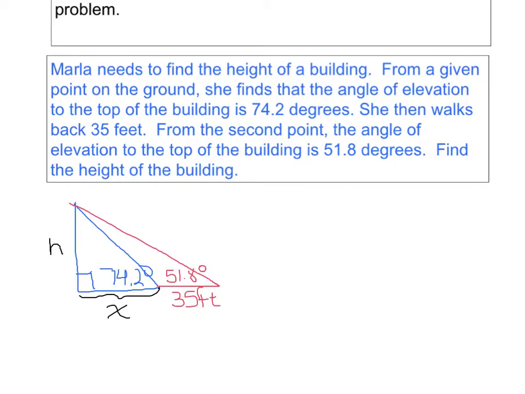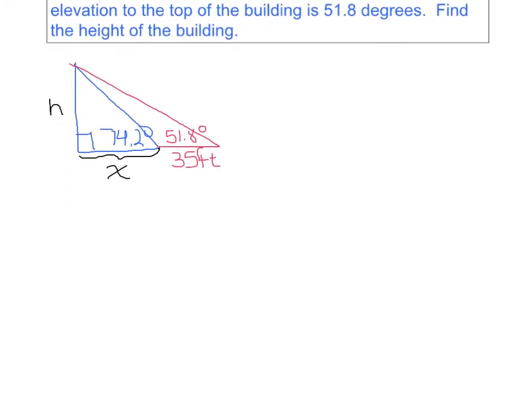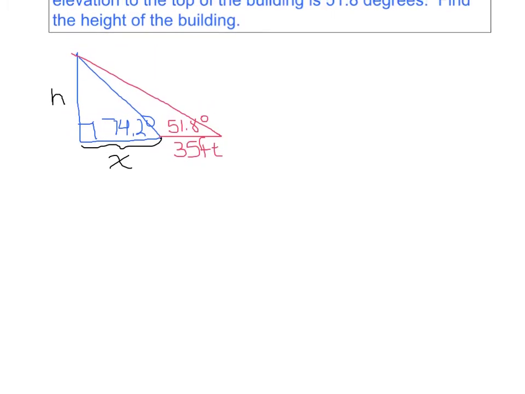Now from this point, we're going to make up two equations that deal with both the blue inside triangle and the red triangle. We're going to set them equal to each other by solving for one of our variables, h in particular, and then we're going to solve from there.